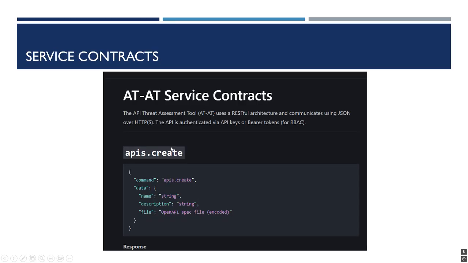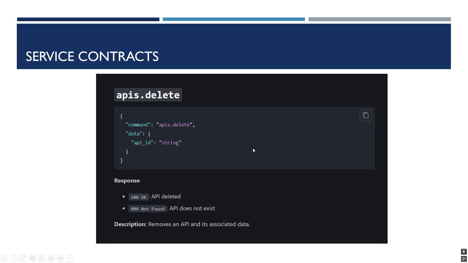Then the service contract. The service contract uses a RESTful architecture and combines JSON and HTTP requests. API.create makes sure that the API actually creates correctly and gives you a response if it is successful. Then API.delete will delete that specific API to remove it from memory, and if it is successful it will send you back a code of 200 OK.